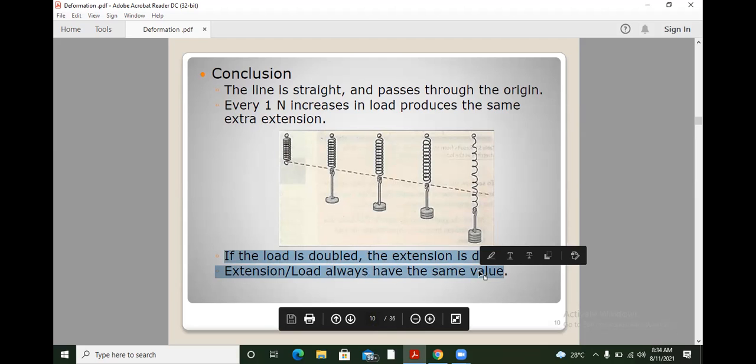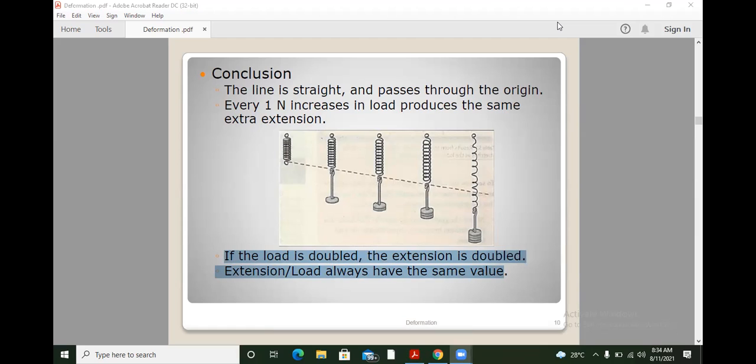So what we have concluded from this graph is that after the limitation, my graph gets deformed, and that is the point where the graph crosses its limitation, that is, the elastic limit. Up till that point, my spring has the elastic property and it can regain its original shape.